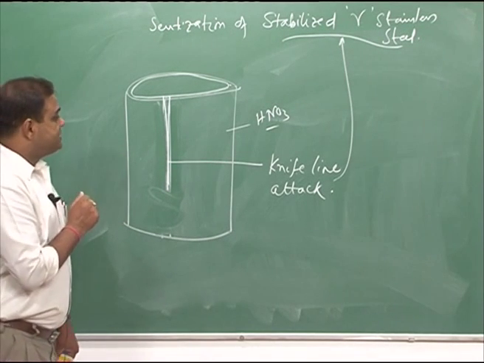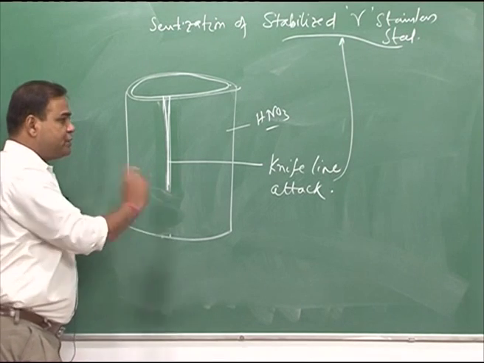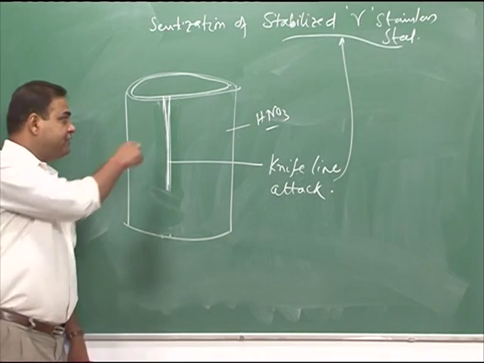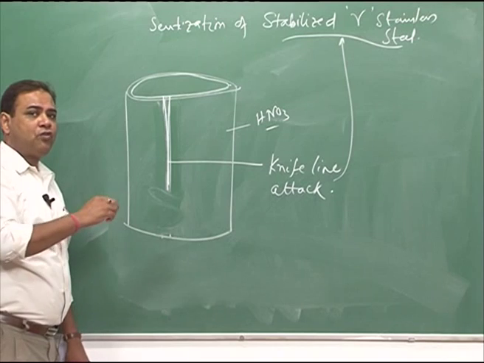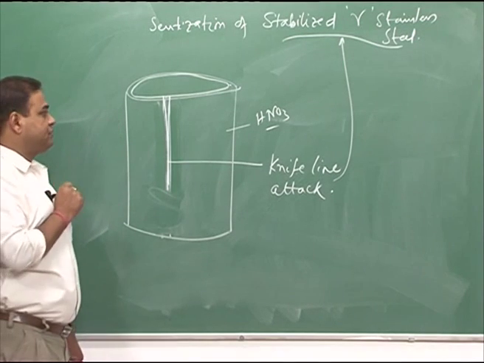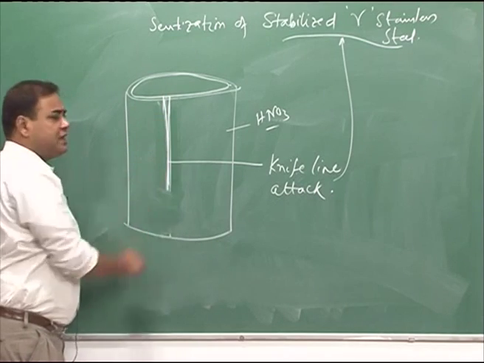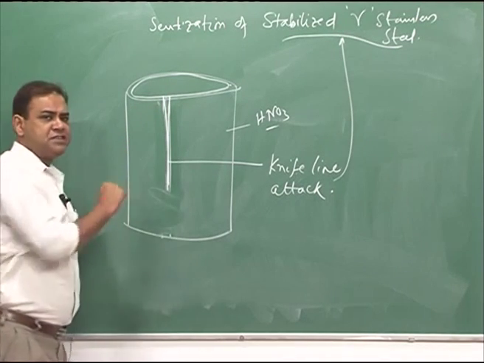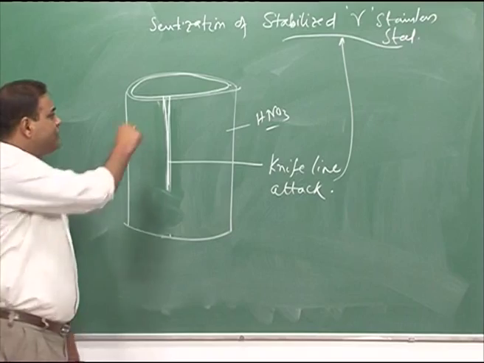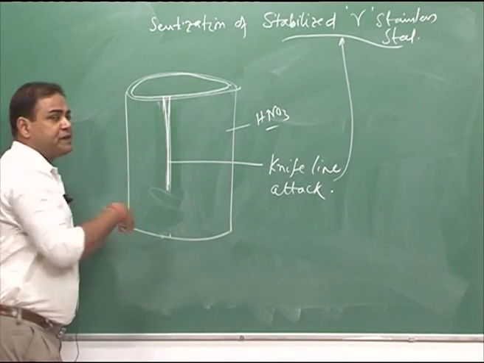This happens because after welding, when we go for stress relief operation, since it is a thin sheet, there would be a lot of coincident strain during welding, and that strain is to be relieved.